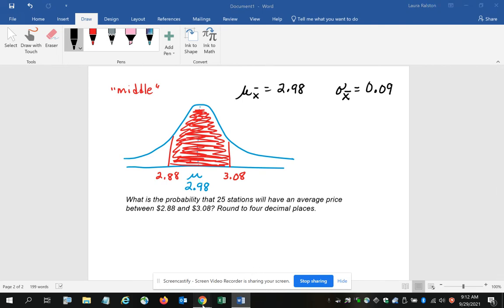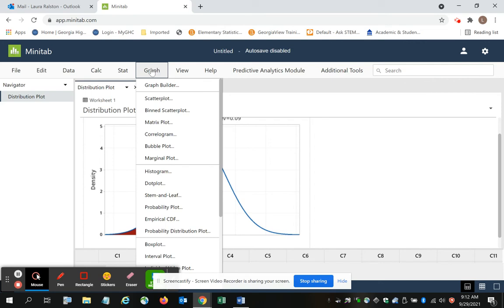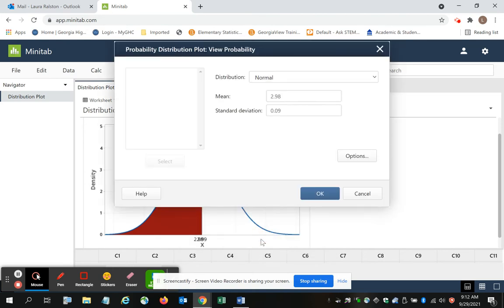Going back out to Minitab. Again, it's graph, probability distribution plot, view probability, click OK. It is a normal distribution. It's $2.98 is my mean, 9 cents is my standard deviation.